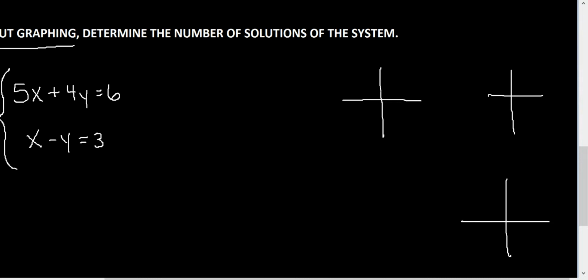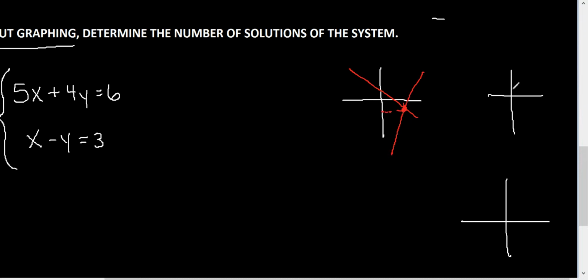The first one is that 2 lines can be graphed on a grid, and the 2 lines will cross and form an intersection, which results in one solution.